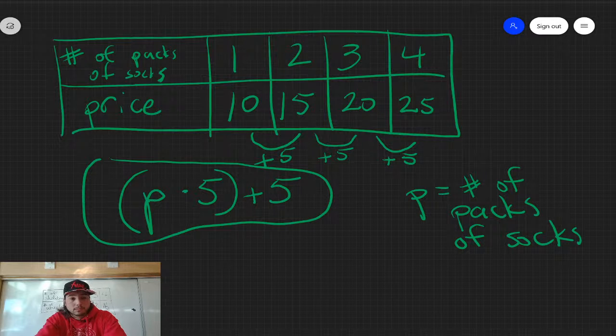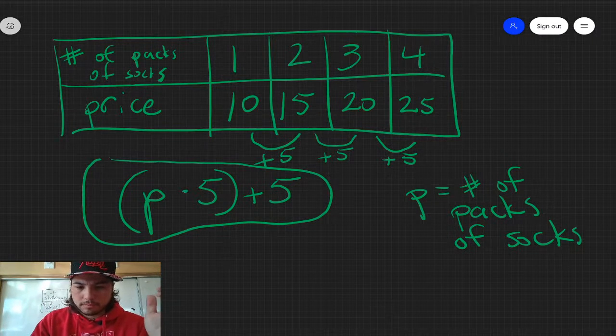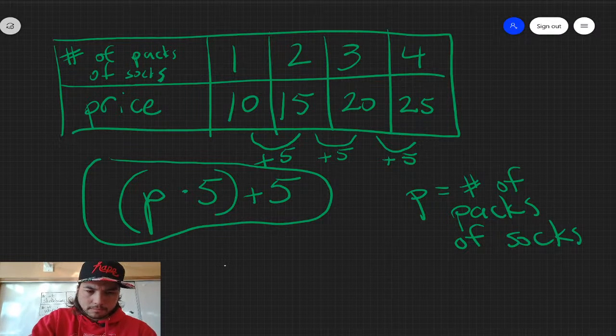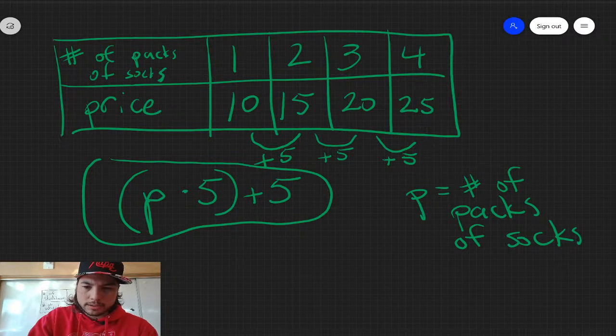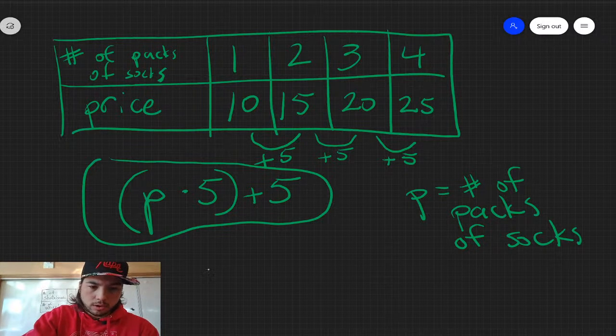Nice. I like it. The other thing you could try is this. Because, and it was Ava's comment in the chat that says start with 2 times 5 with 1 instead. So that made me think. If we want our variable to be 1 more than the number of packs of socks, what if we did something like this?